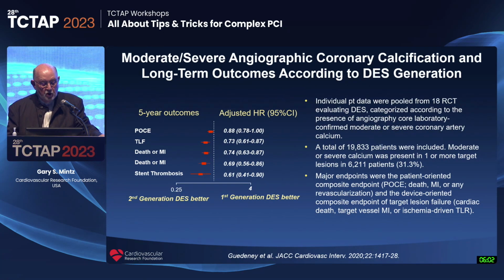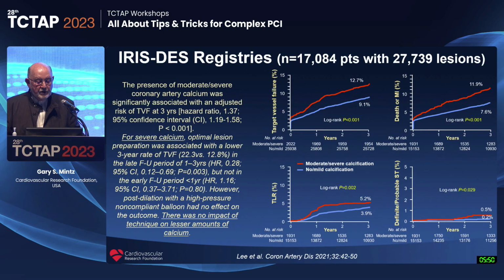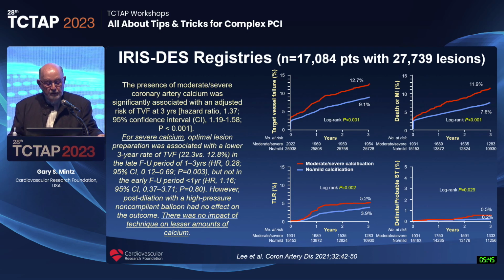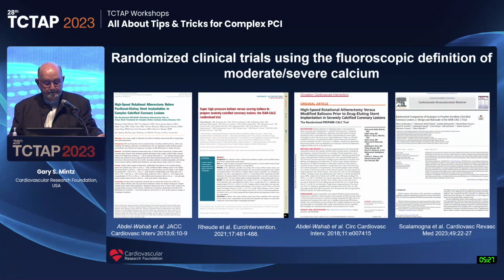And then a study showing that second-generation DES seemed to be better in lesions with moderate to severe calcium compared to first-generation DES. But I like this study kind of a lot. This is from Asan Medical Center, the IRIS-DES registries, and although there was an increased event rate in moderate to severe calcium, in terms of impact on technique, it only applied to those lesions with severe calcium, that better technique resulted in better outcomes.